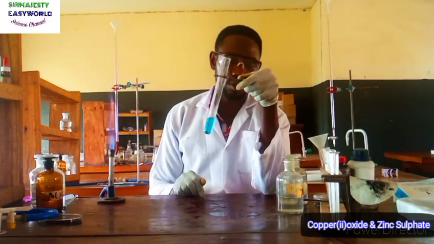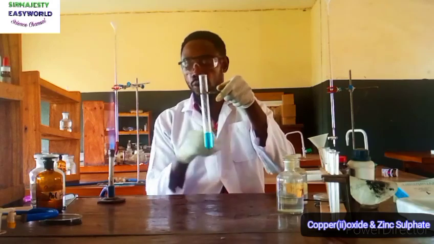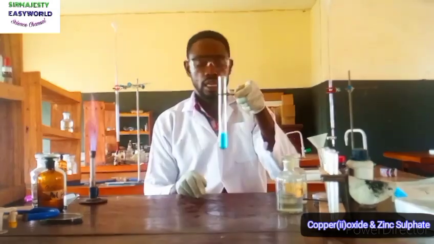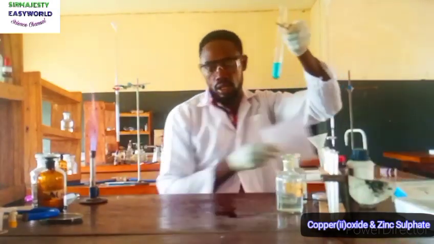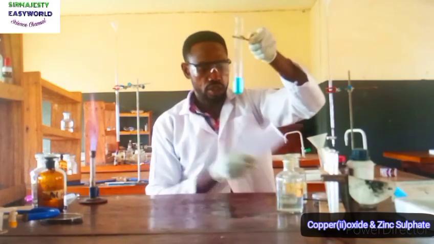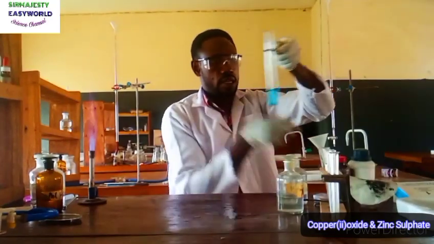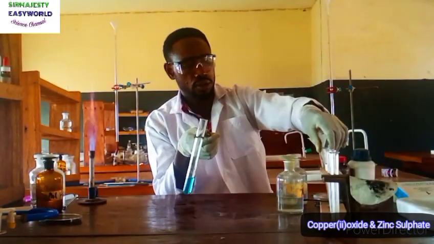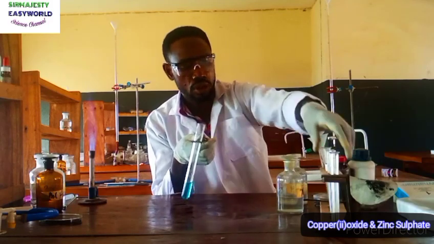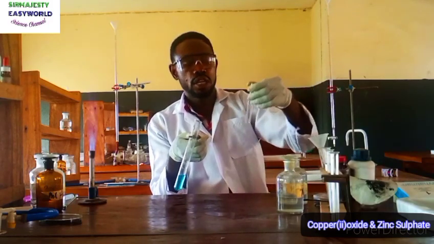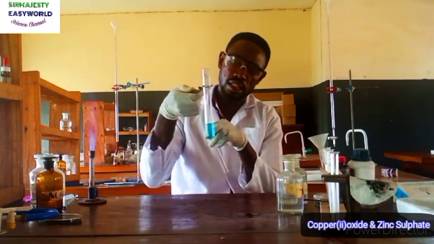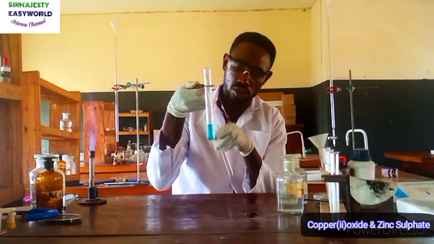They now say that to the resulting solution we should add aqueous ammonia in drops until excess. I want to get an accurate result. In this case, use your discretion, because the aqueous ammonia coming in is a base and the acid is also there.